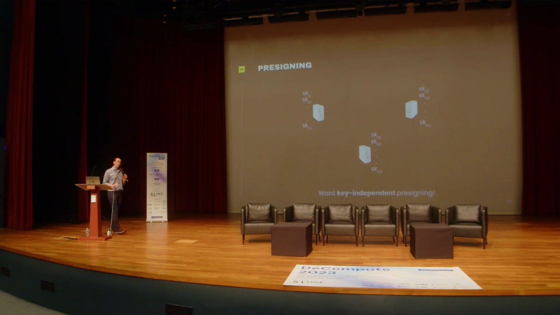What you actually would like is what I'll call key-independent pre-signing, which means you'd like for the servers to be able to run some pre-signing step which will give them these pre-signatures that are not tied to any particular key, so that when a signing request comes in for any of the keys that these servers hold, they'll be able to satisfy that request using one of the pre-signatures that they've generated.